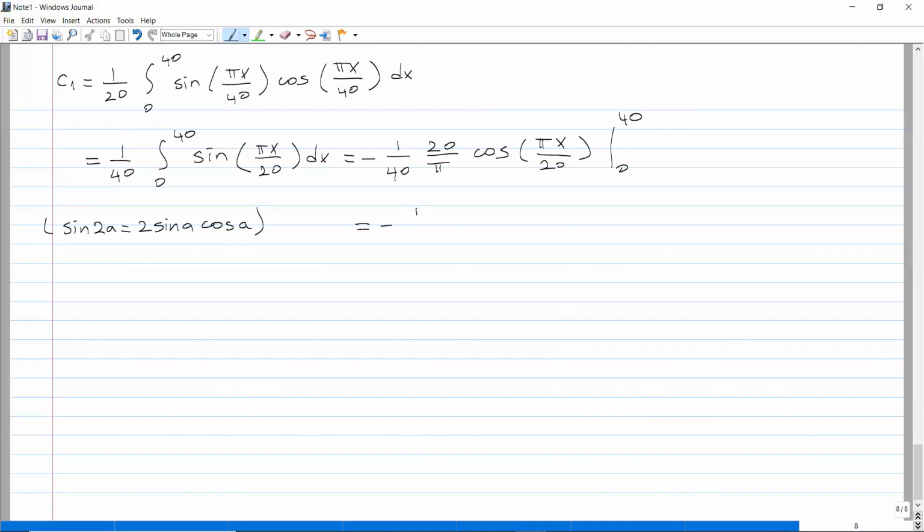So minus 1 over 2 pi. If I take x equals 40, 40 over 20 is 2, cosine 2 pi is 1. Minus, if I put x equals 0, cosine 0 is again 1. So this is 0. C1 is 0.